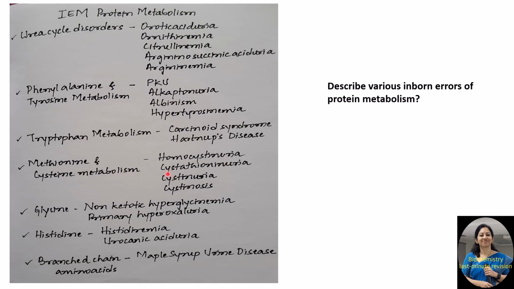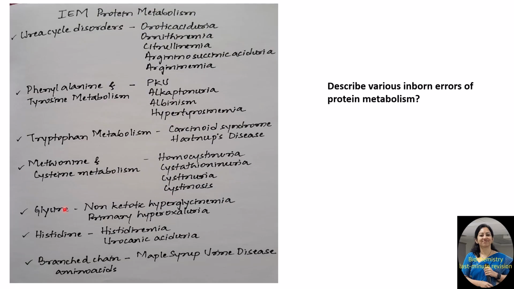Then cystathionuria, cystinuria, cystinosis. All these are associated with methionine and cysteine. Cystinuria is also a component of Garrod's tetrad, where there is excretion of cysteine, ornithine, arginine, and lysine. Cystinosis is the defect in the lysosomal degradation of cysteine.